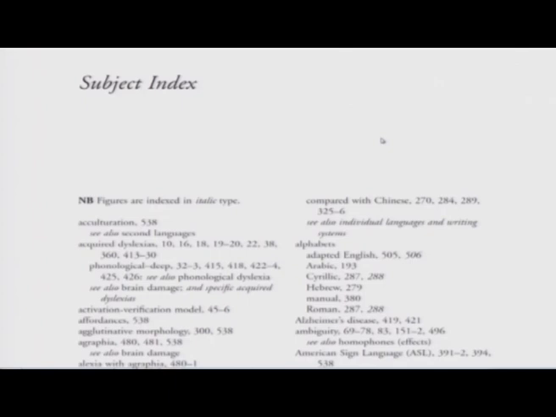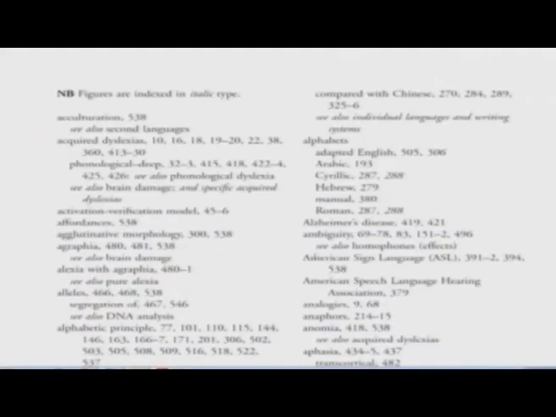So, what do you find in these index pages? Coming to the subject index, as the name itself says, here the topics discussed in the book are listed alphabetically, and the page numbers on which they appear are given in front of these topics.